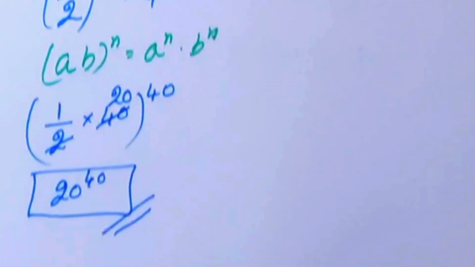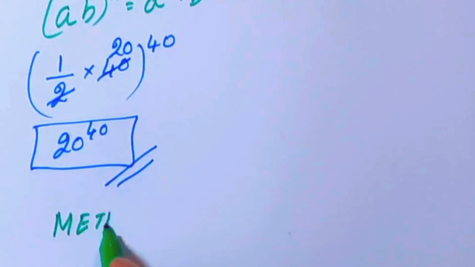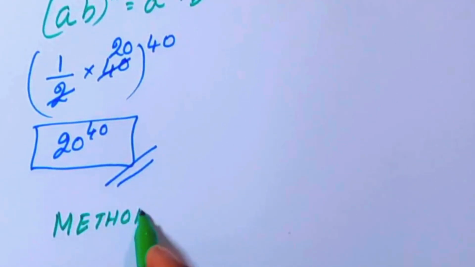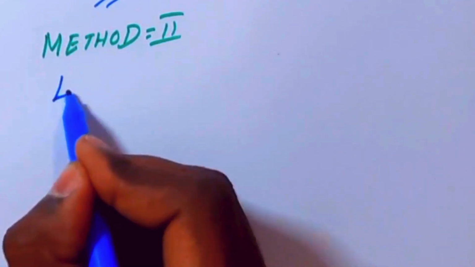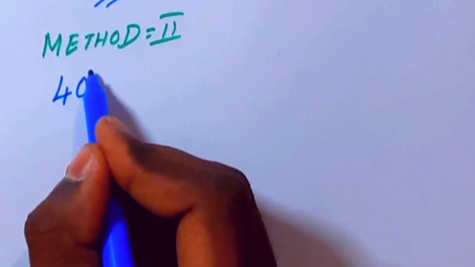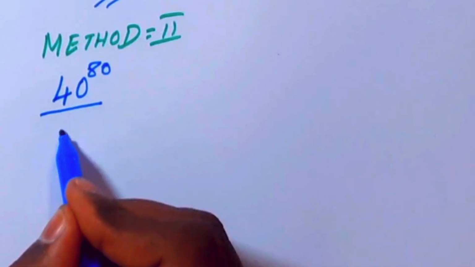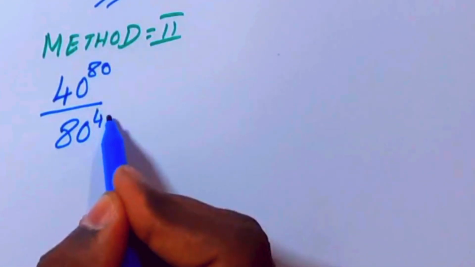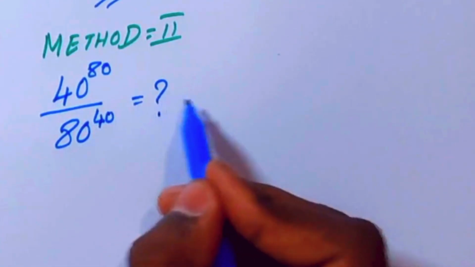We are going to do method 2 here. Method 2: 40^80 by 80^40 equals the solution. We are going to find this.